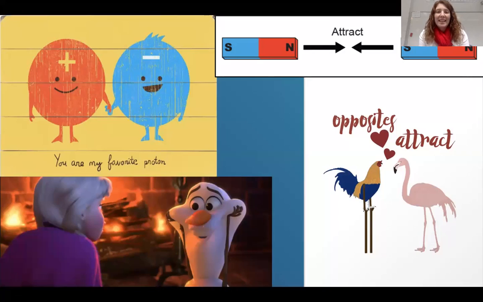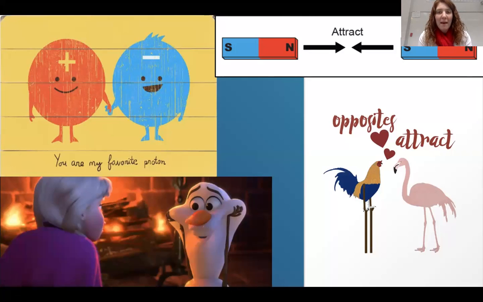All right, we're going to be going through ionic and metallic bonding today, a little bit of a review on ionic, and then starting into metallic. What we've been talking about lately is this idea of attracting. Opposites attract each other, right? We've talked about it in terms of the relationship.